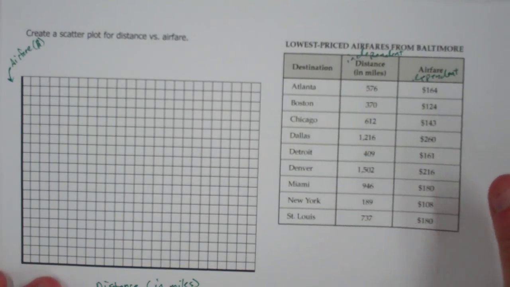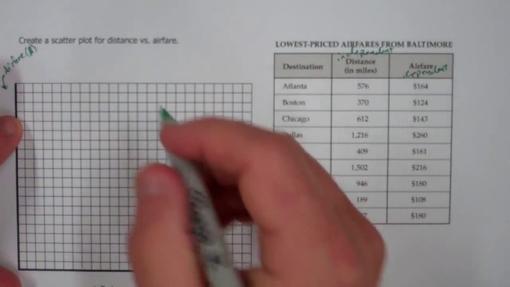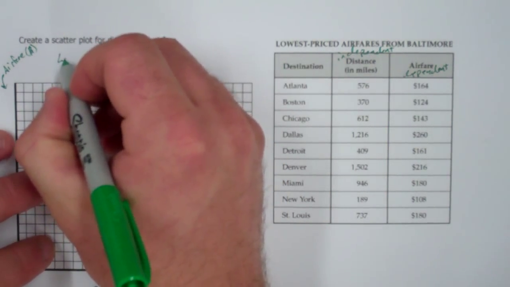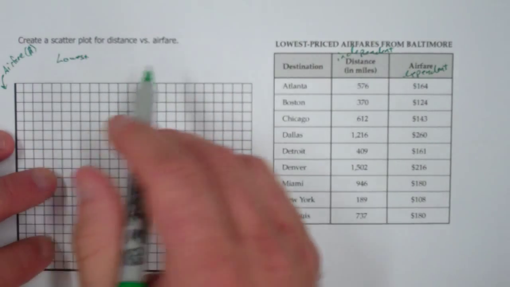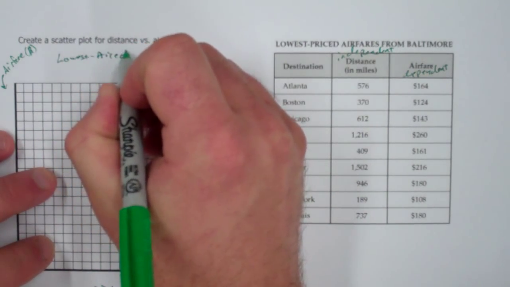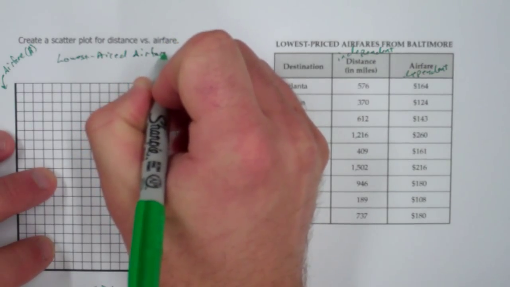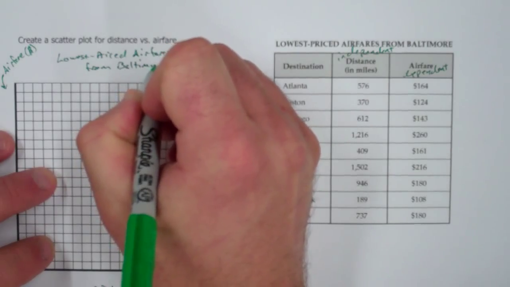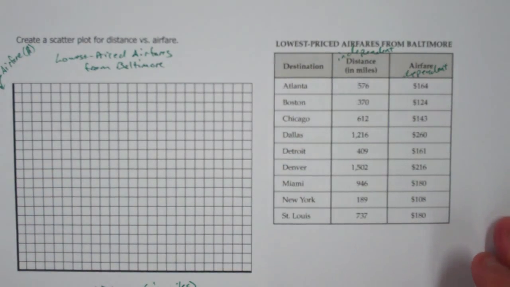Now we can also title this thing, so we can title it, lowest priced airfares from Baltimore. Or you could do distance versus airfare or something like that. Lowest priced airfares from Baltimore.